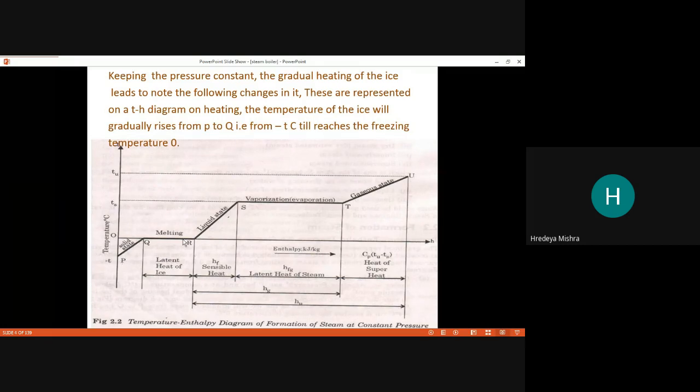But in this portion Q to R, the temperature is not changed, but phase change is there. So this heat which is absorbed by the ice, converting ice to liquid, is called latent heat of the ice.